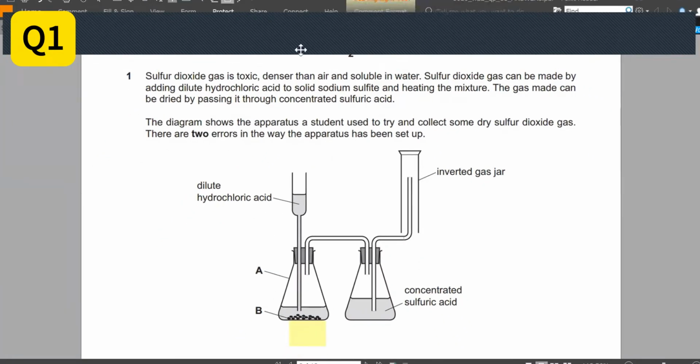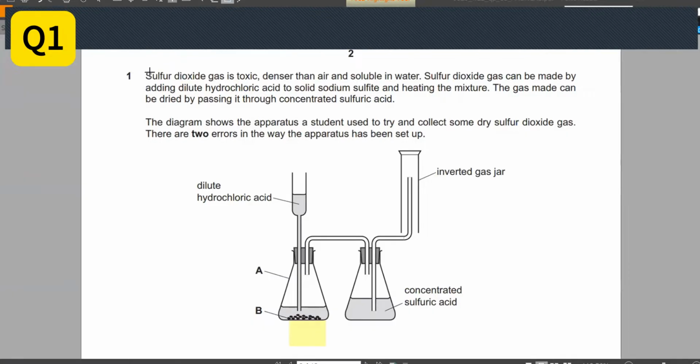Let's take a look. It is given that sulfur dioxide gas is toxic. It is denser than air and soluble in water. Sulfur dioxide gas can be made by adding dilute hydrochloric acid to sodium sulfide and heating the mixture.